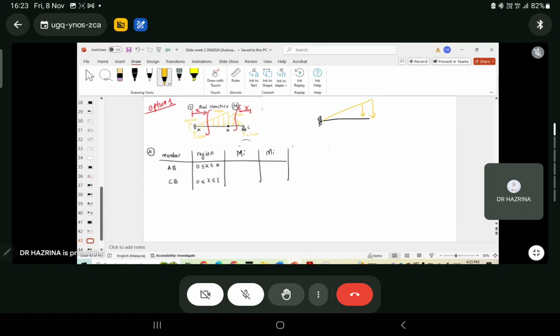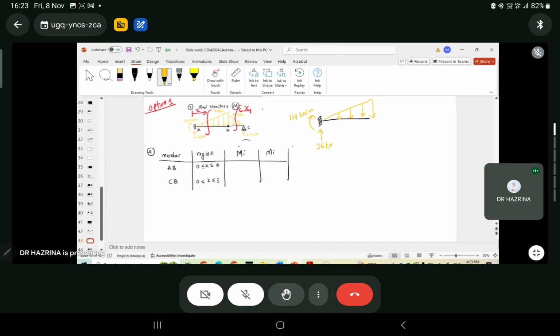Alright. So here, kalau you tengok dekat option 1 ni, so kita letak siap-siap, you ada here, you ada 26 kilonewton. And then dekat sini, you ada 114 kilonewton meter.